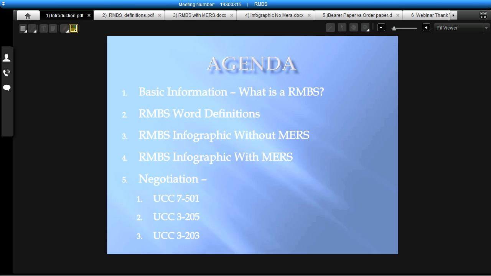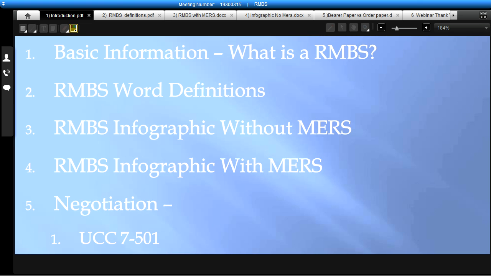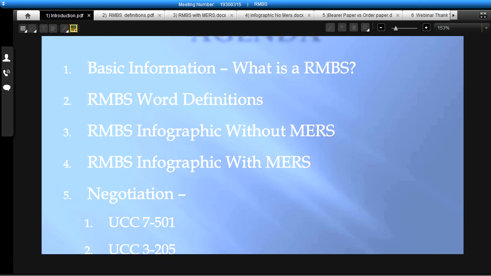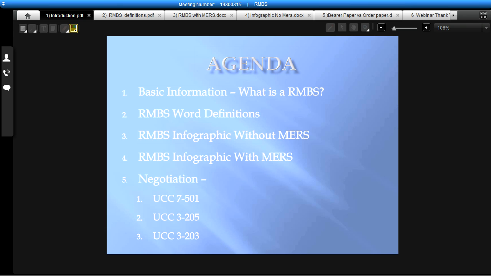After that, we will be going over RMBS infographic without MERS, RMBS infographics with MERS. After that, we will then get into negotiation, and we will be going over a number of different statutes, UCC 7501, UCC 3205, UCC 3203.